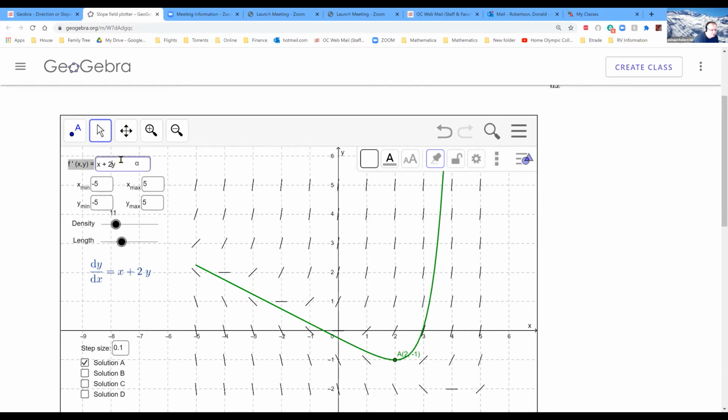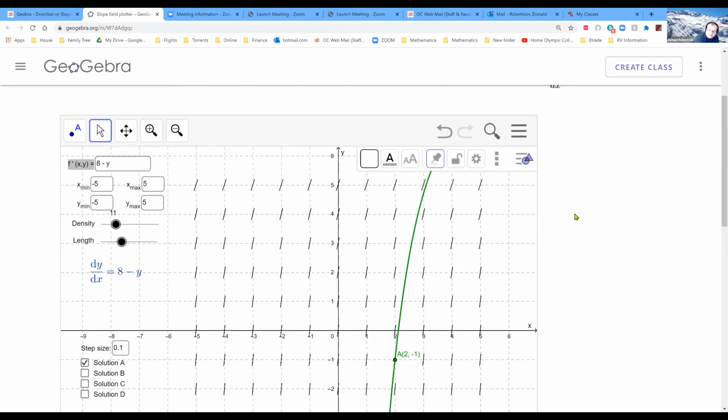This is question 2, for instance, where the derivative is 8 take away y. I may have to put spaces in. Not perfect. The next one after that is x brackets 10 minus y.